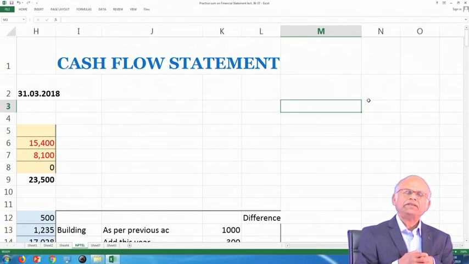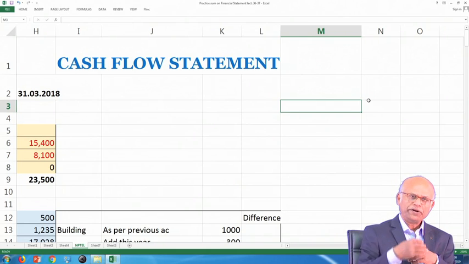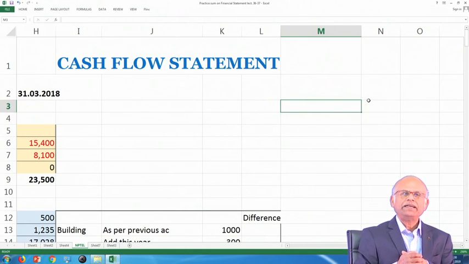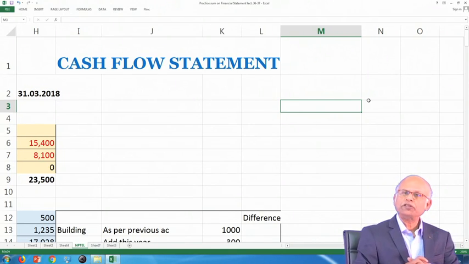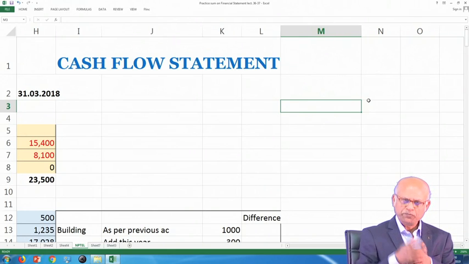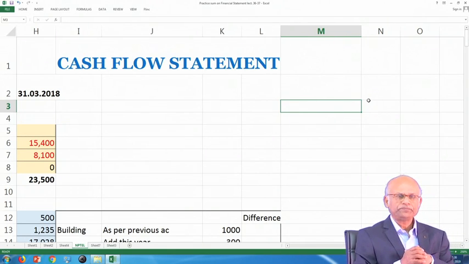One is operating activities, meaning cash flow from operating activities, cash flow from investment activities, mostly they are negative, and cash flow from financing activities. Of course, there is no hard and fast rule whether something is negative or positive, but understanding the rule is very important, which is the point of discussion today.